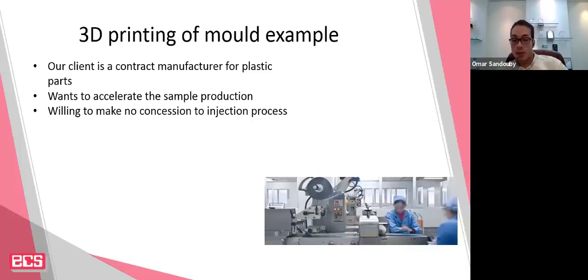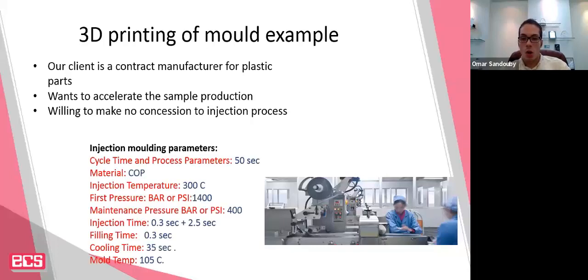So we have a customer here based in Singapore that is a contract manufacturer and is also looking to accelerate the sample production part in that step. Again, he's not willing to make any concession when it comes to the injection process. So we've worked alongside him and we tried to introduce him to that solution of producing the molds.